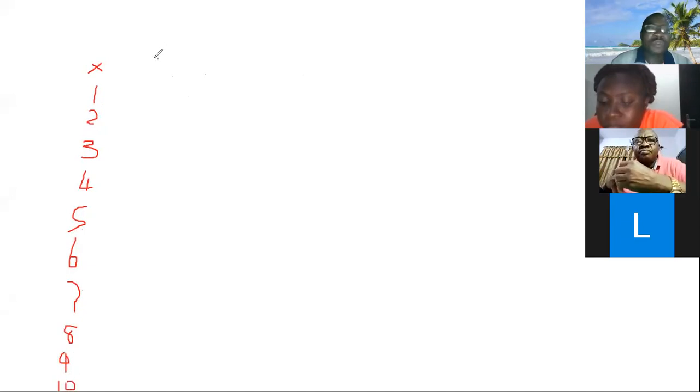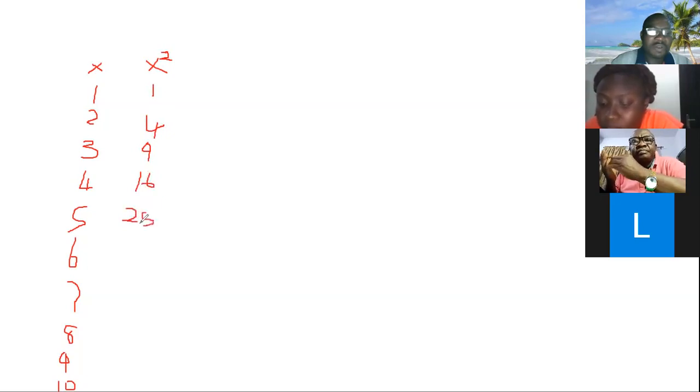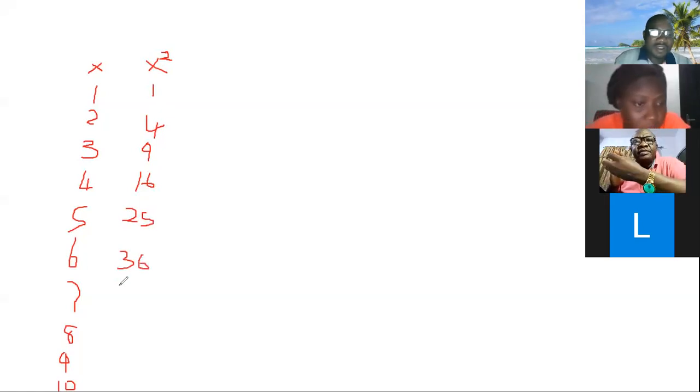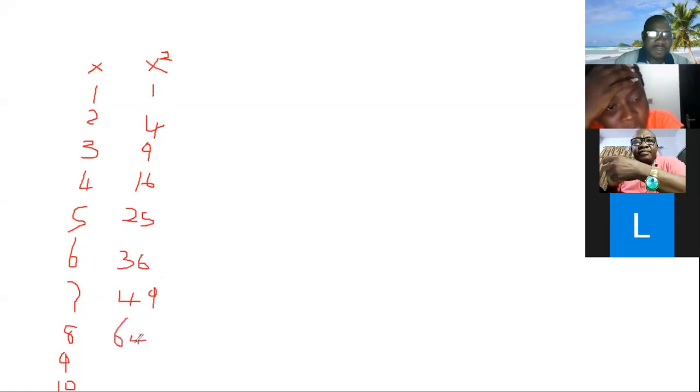And we now decide we want to square X. What are the values when you square X? 1, 4, 9, 16, 25, 36, 49, 64, 81, and 100.